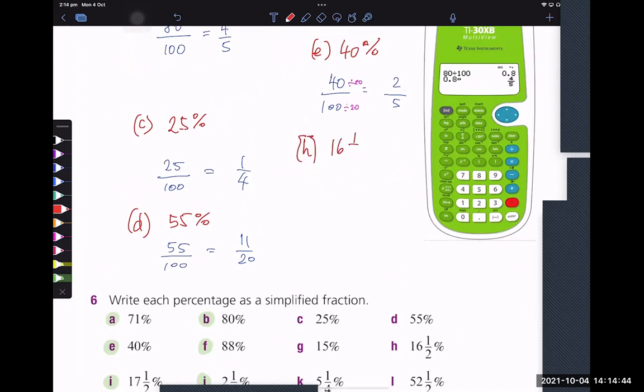So I'll show you how to do this on the calculator. So we've got 16.5, we've got to divide that by 100, right? In this case here, I would type it out using that ND button. See the ND with a fraction there? I'd type it out like that. Okay, so it's going to be a bit of a pain, but we just got to deal with it.